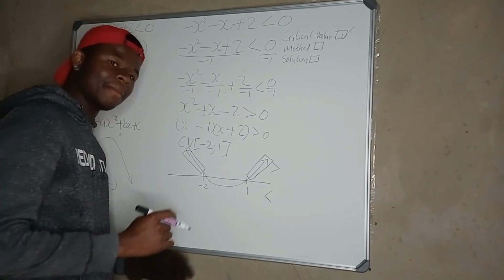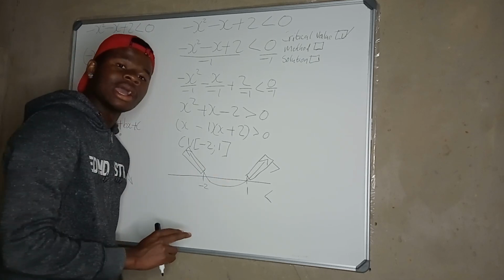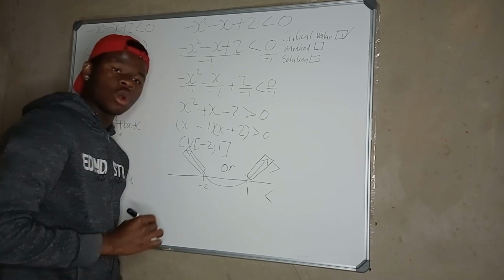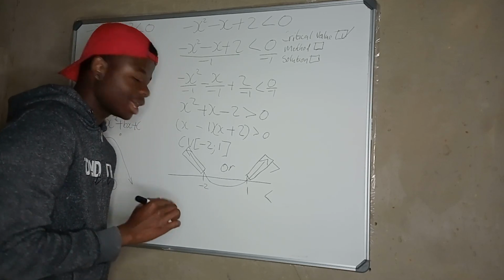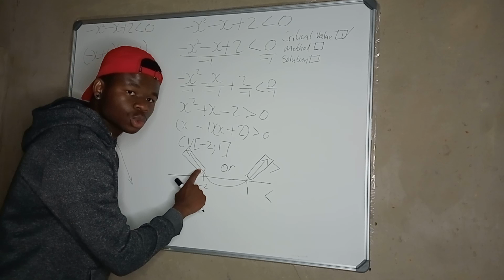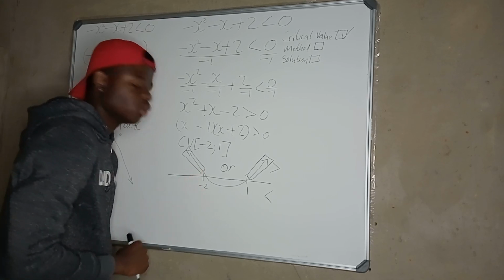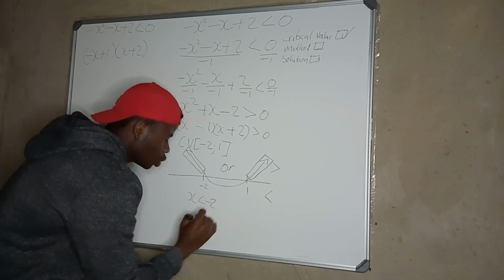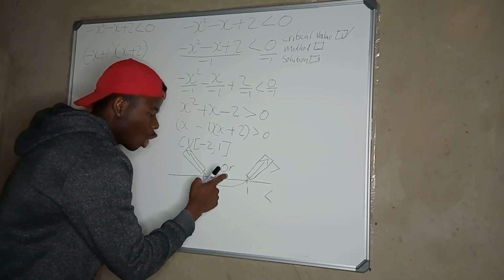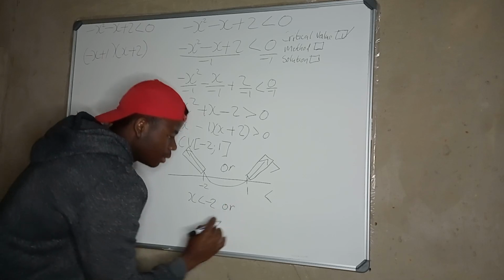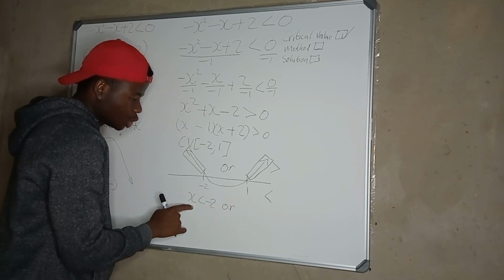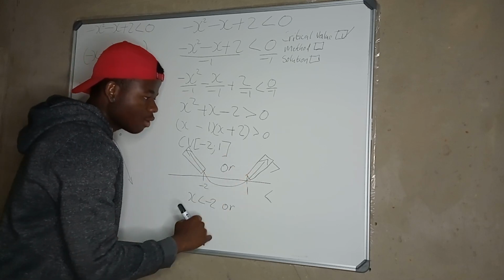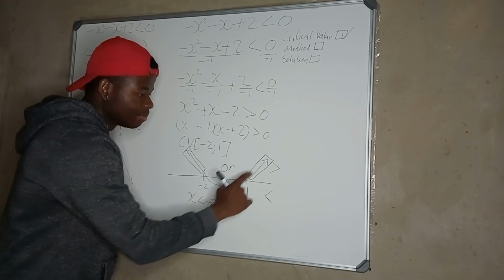Remember guys, when you have two rectangles, we are going to have an O. And you're going to represent the solution for this rectangle. It is going to be x is less than minus 2, because we have an O here. You write it, so this solution is for this rectangle, and the other solution is for that rectangle.